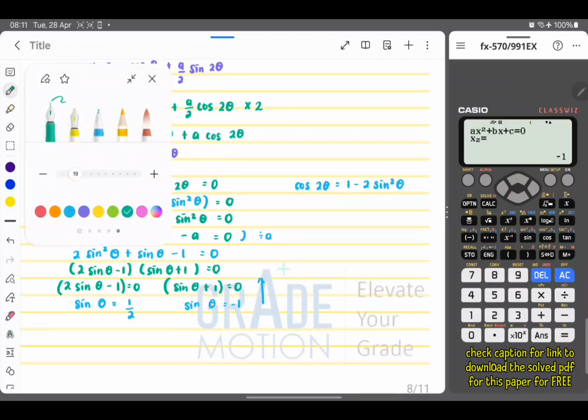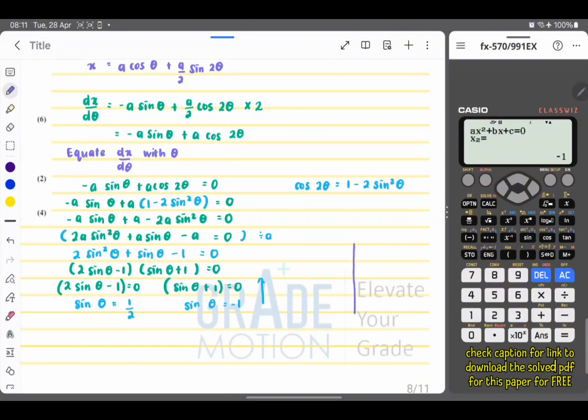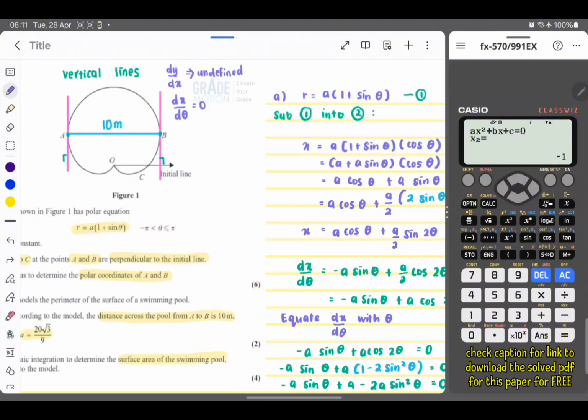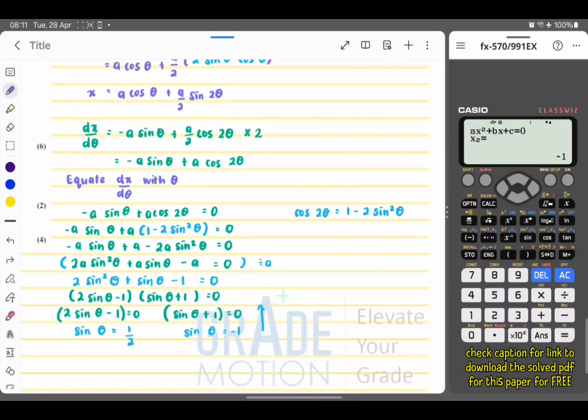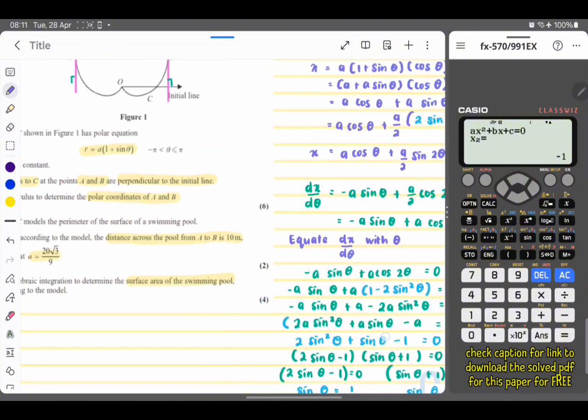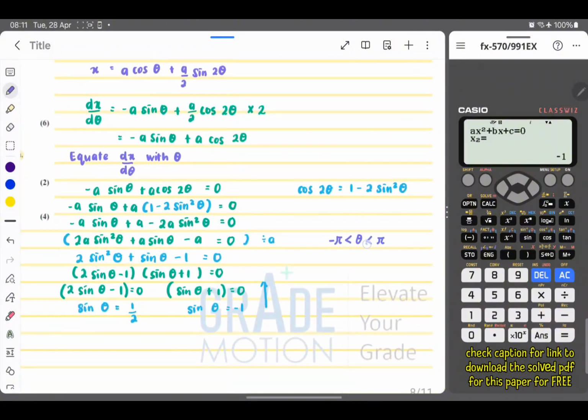Okay, so let's first begin by sketching our sine graph. Let's take a look at our domain first. Theta is in between negative pi and pi. Is it inclusive? It is inclusive, only pi.